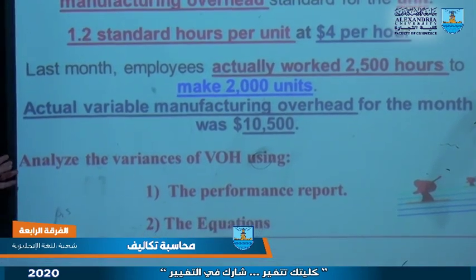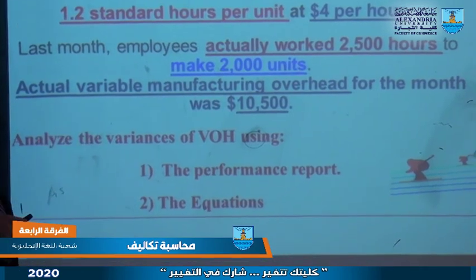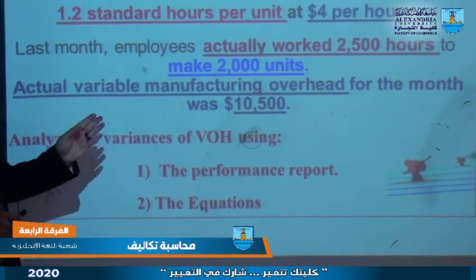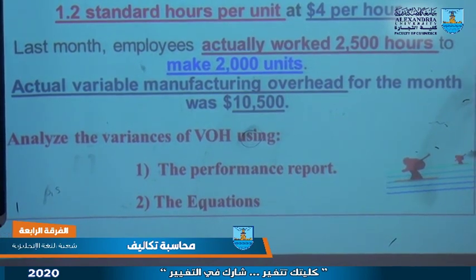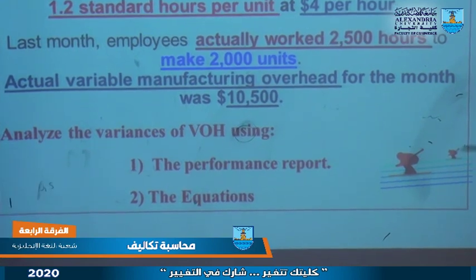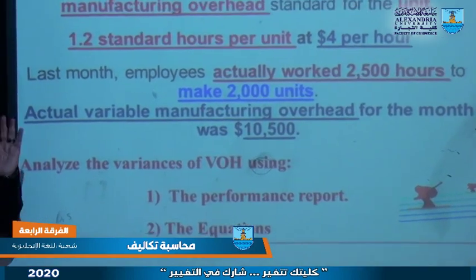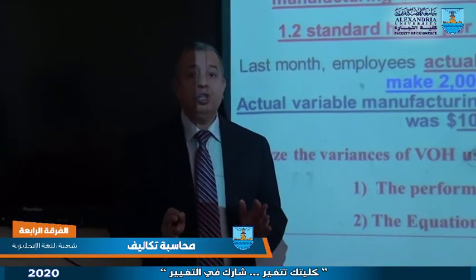If my actual variable manufacturing overhead for the month is 10,500, I want you to analyze the variances using a performance report or equations. Again, in variable overhead, I use only 2-way. Okay, only 2-way.